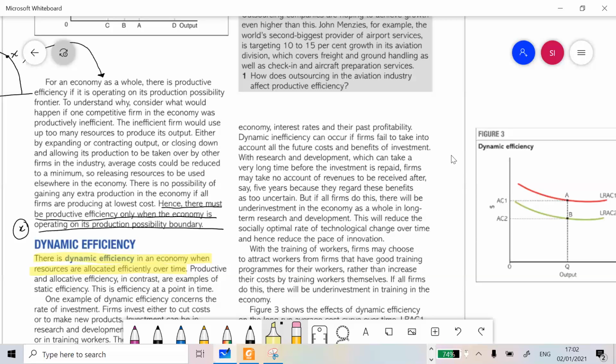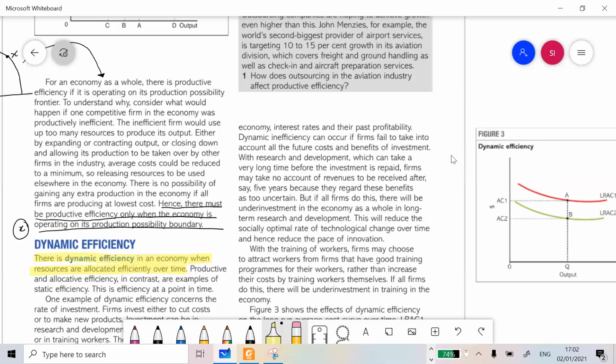But if all firms do this, there will be underinvestment in the economy as a whole in long-term research and development. This will reduce the socially optimal rate of technological change over time and hence reduce the pace of innovation. So when organizations are investing in research and development, they should ensure it is in line with the innovation or technology which is currently changing in the market.